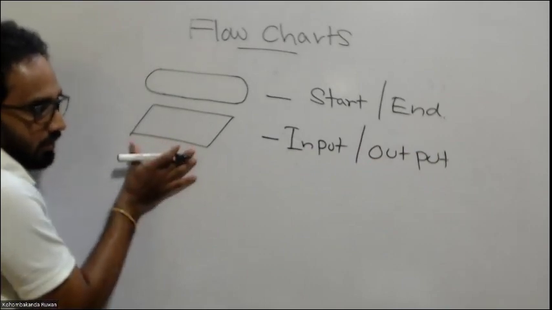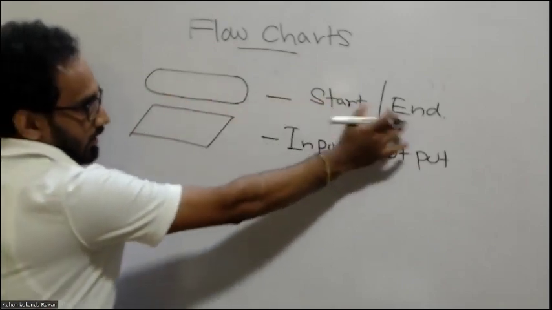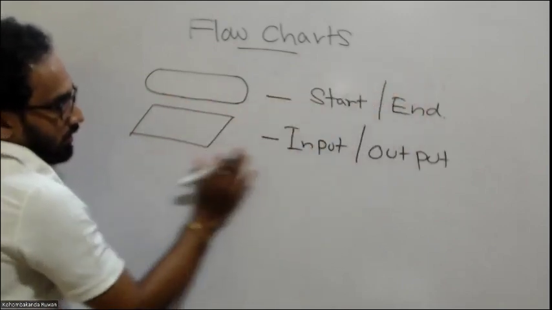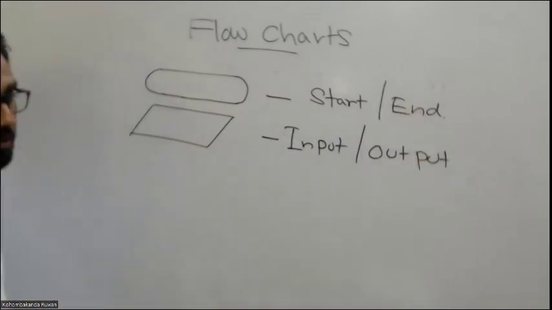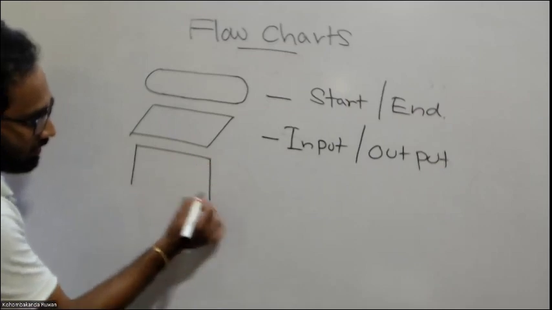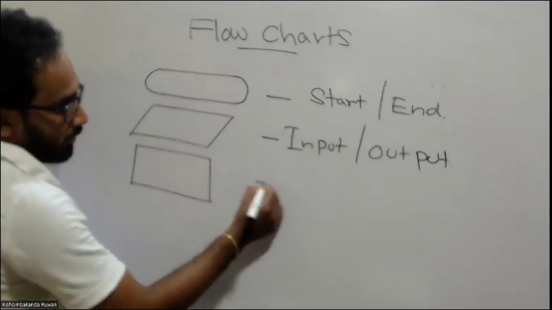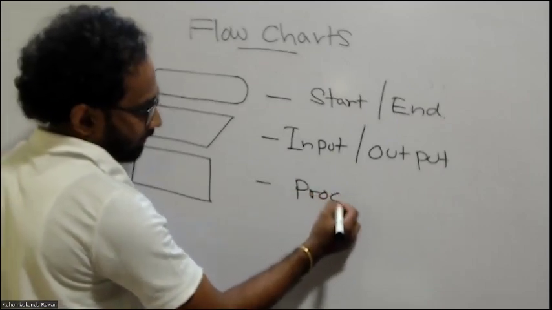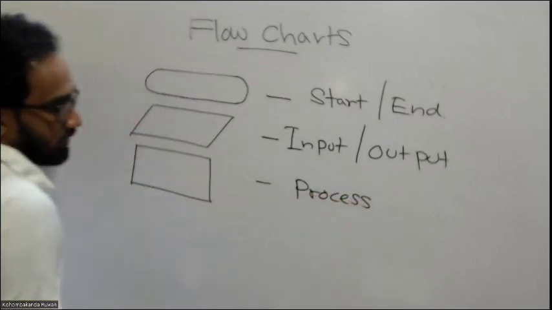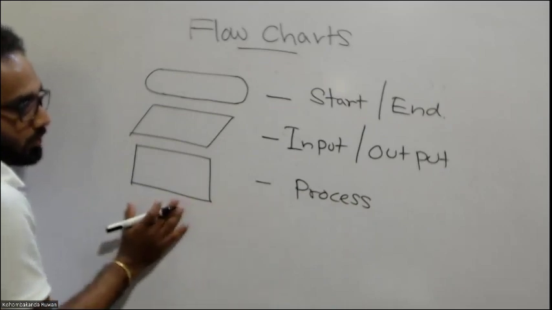See the shape. This shape is for start and end. This shape is for input and output. This one is for the process, to indicate the process.